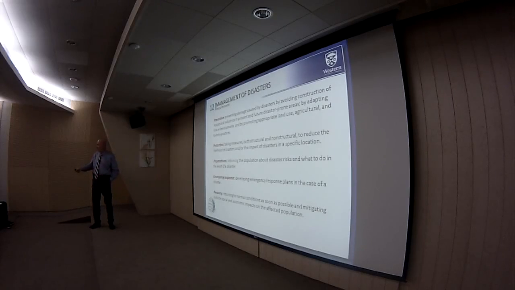I don't think that most of you need this. This is a very traditional list of what prevention, protection, preparedness, emergency response, and recovery include. It is important to know that this is being implemented in different countries, in different societies, in a different way.